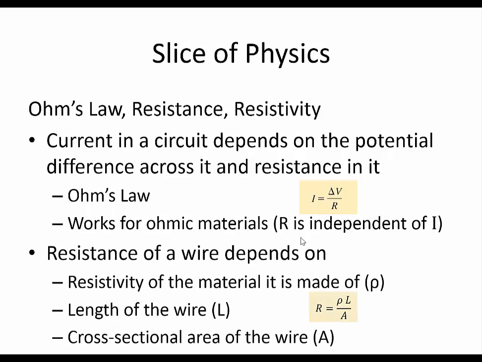So the resistance of the wire in these situations depends on the physical properties of the wire or the resistor itself. There were three factors in this. The first one was the resistivity of the material with which the wire is made. The second factor was the length of the wire, and the third factor was the cross-sectional area of the wire, and the relationship between those three properties was captured by this second equation.